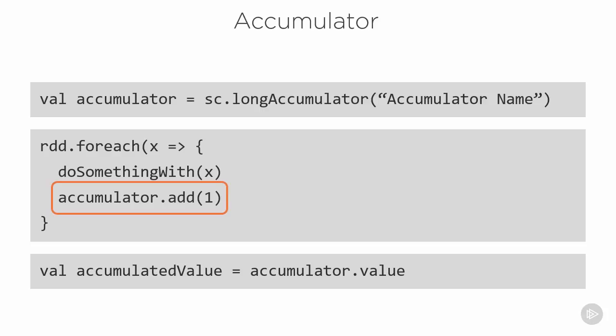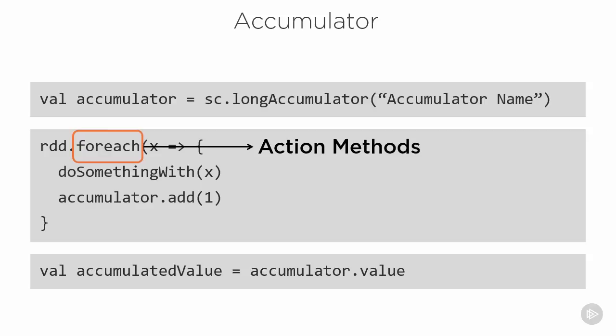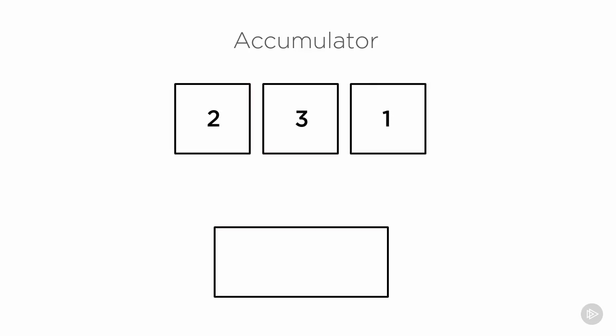The other important piece of information to remember with accumulators is that they're only guaranteed to be accurate if used within action methods. This is due to the fault-tolerant nature of Spark. Suppose that we do add to an accumulator in a transformation, and the accumulations occur on each worker, passing their respective values down to the driver, so it can combine them together.